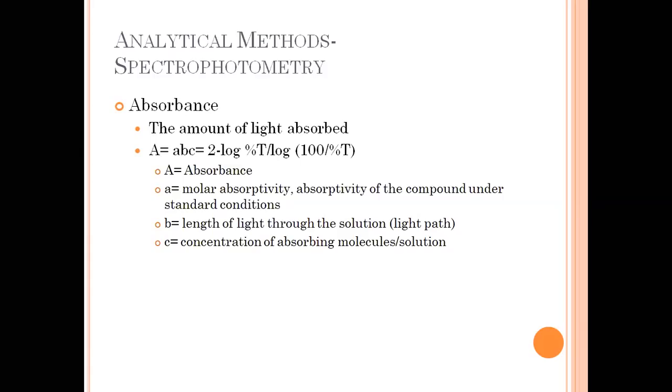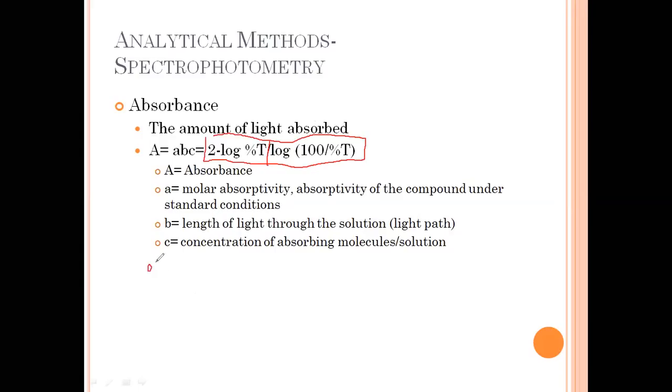And c is the concentration of absorbing molecules or solution. Okay? So absorbance can also be computed by using this formula: 2 minus the logarithm of percent transmission, or absorbance is equal to the logarithm of 100 over percent transmission.